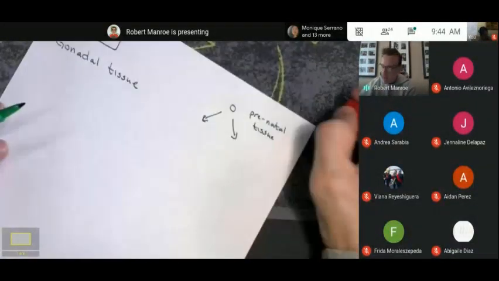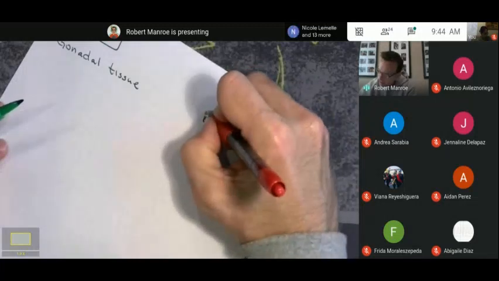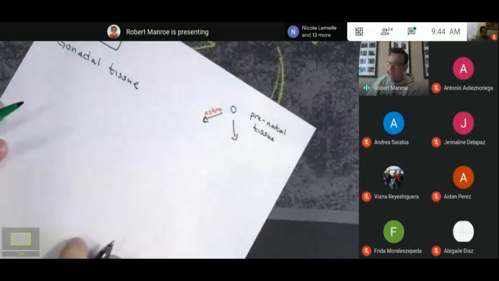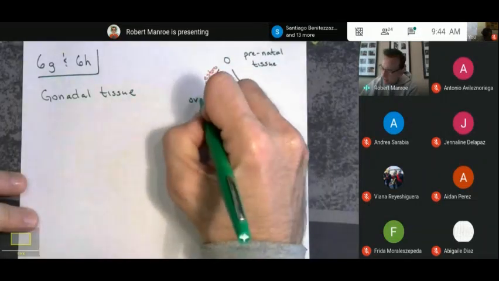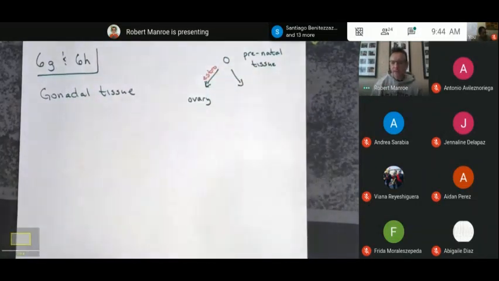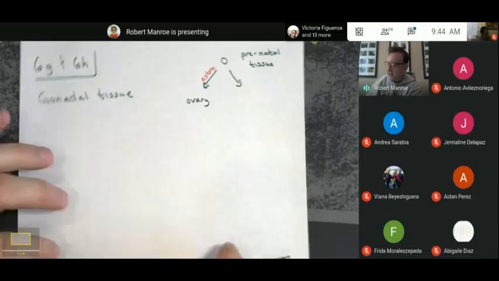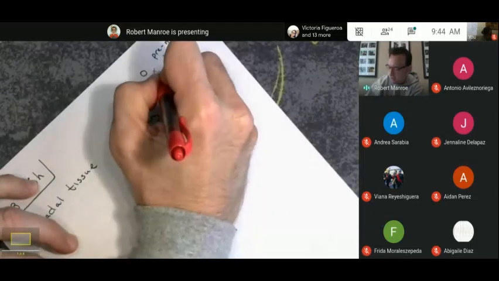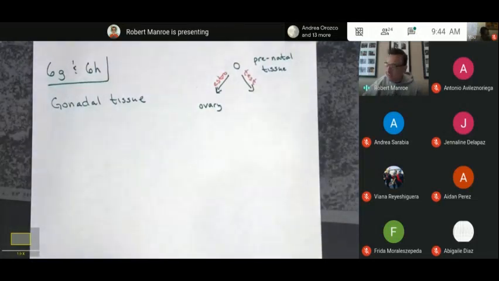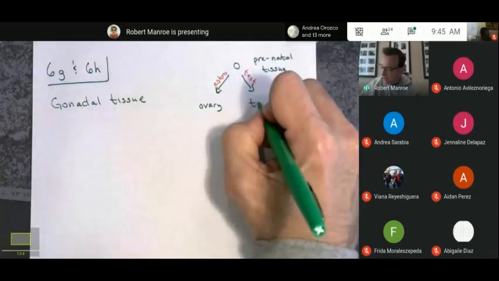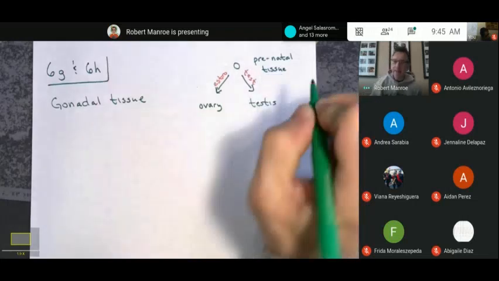If this prenatal tissue is exposed to estrogen, then this prenatal tissue differentiates into an ovary. If this prenatal tissue is exposed to testosterone, that same tissue will instead differentiate into a testes.